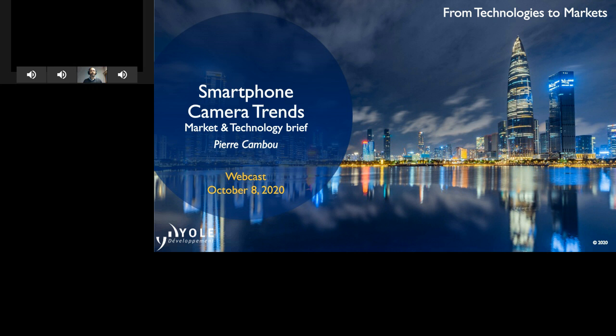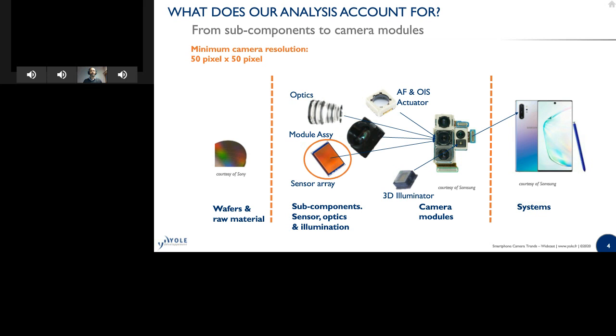I will spend 10 minutes covering the major trends for this very important device, which you have on the rear of your smartphones, and which is constructed really upon the CMOS image sensor chip, but not only the chip: optics, and many other mechanical elements such as autofocus and optical image stabilization, and new to the sub components, illuminators for 3D cameras.